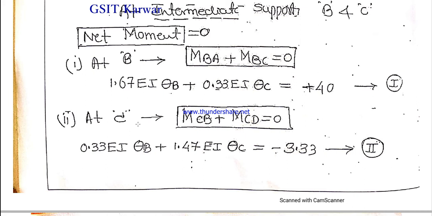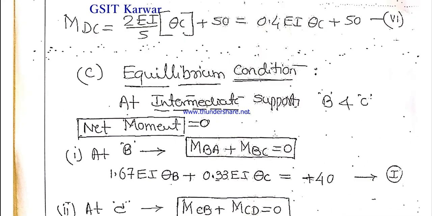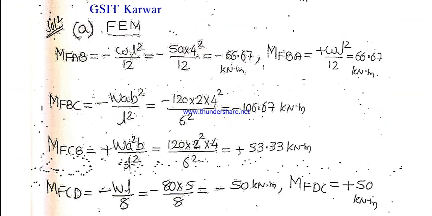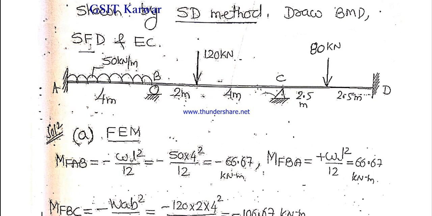Next, similarly you can apply the equilibrium condition at joint C. At joint C, moment CB plus moment CD equals 0. You can observe the continuous beam here.